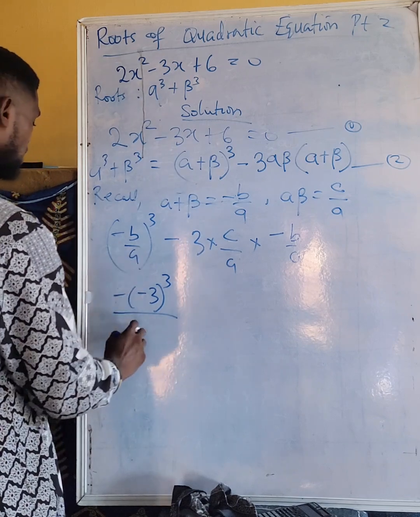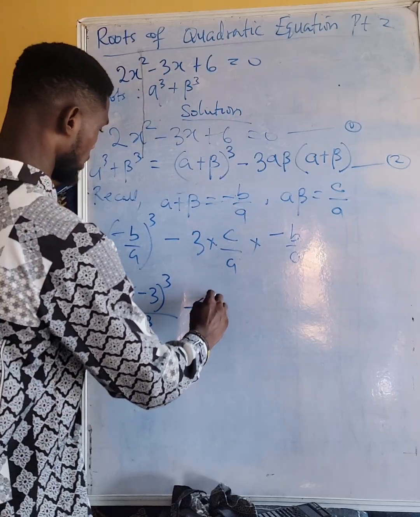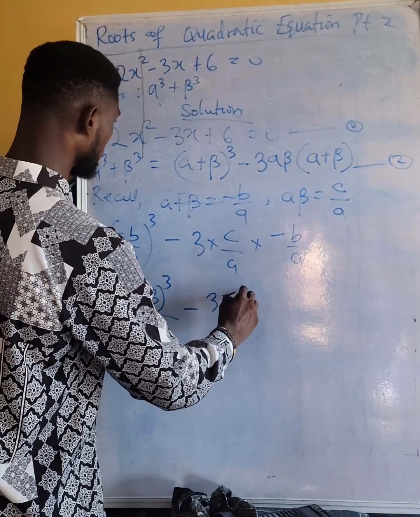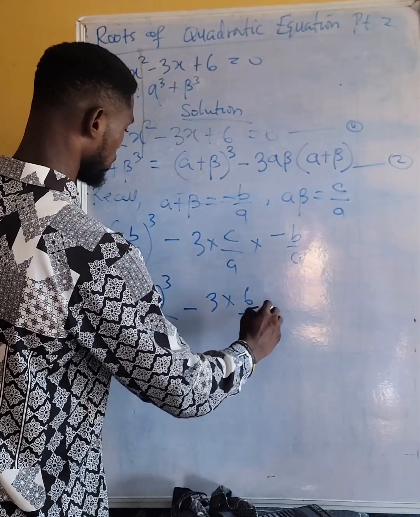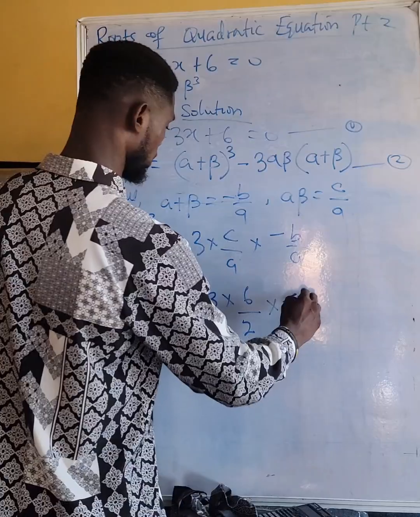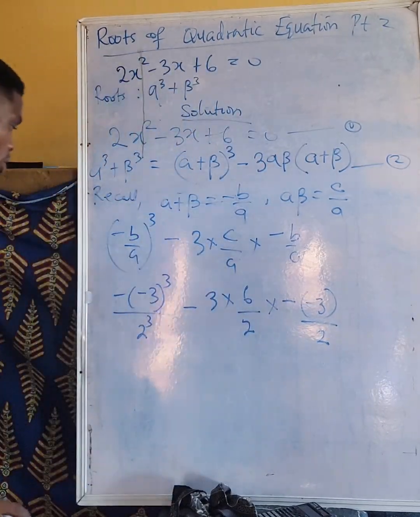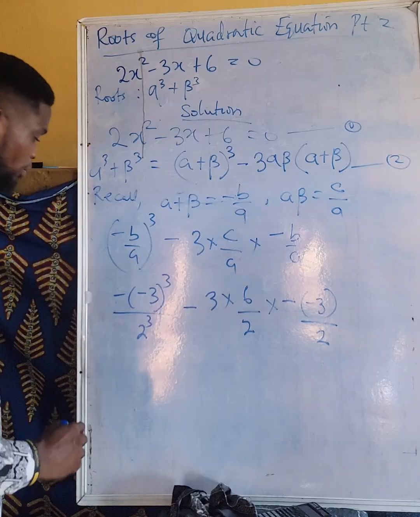This cube is also affected, that is 2 raised to power 3, minus 3 times c, which is 6 over 2, times minus, and b is minus 3 over 2. So minus times minus will give you plus.